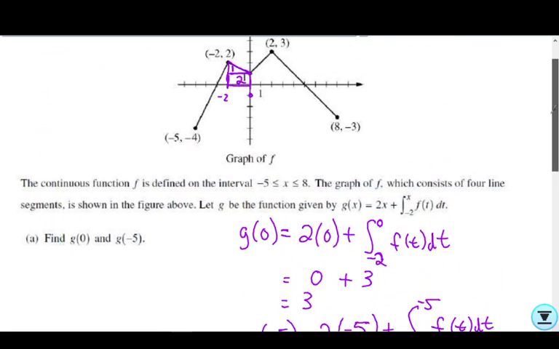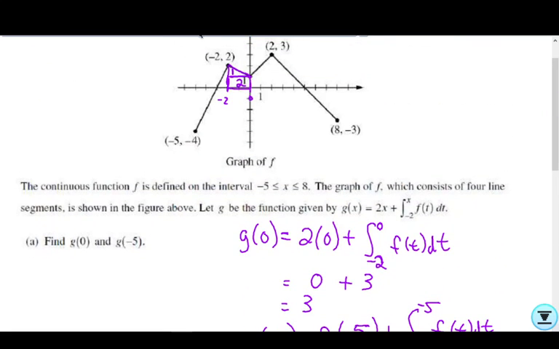Then we come back up here, and in this second part, I'm going to erase this. We're finding the area from -5 to -2, so we're finding this area and that area. This triangle has a height of -4 and width of 2, so this is -4. This one has a height of 2 and width of 1, so this is 1.